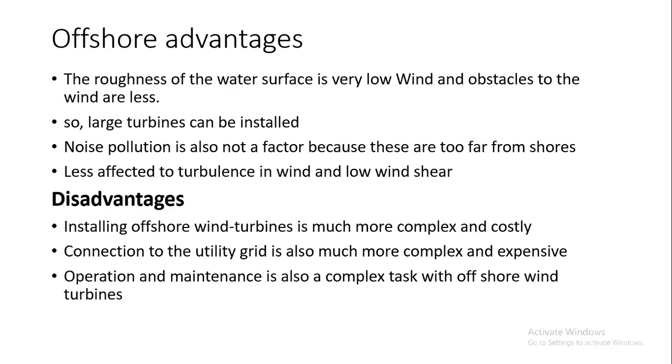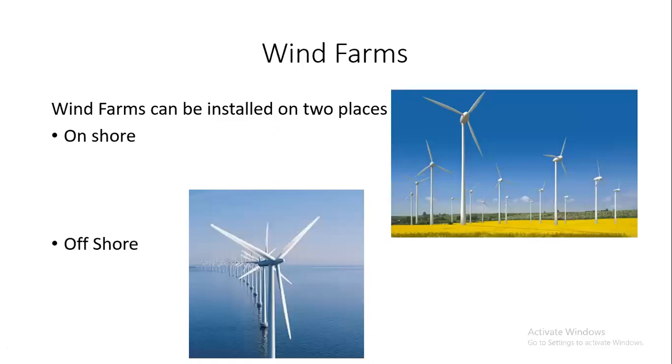Now, to summarize the concept: onshore wind power plants are those power plants which produce electricity from a wind farm and provide its supply to the national grid or sell it as an IPP to the purchasing company. But offshore wind farms are those wind power plants which produce electricity but cannot feed it to the national grid.